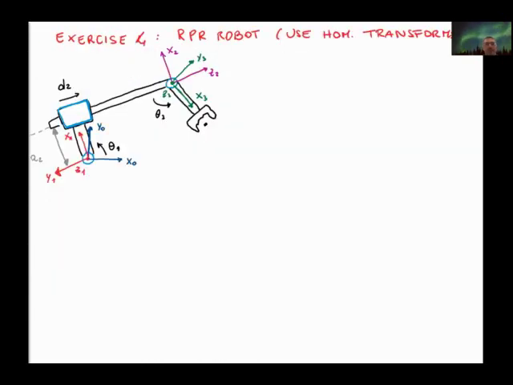Okay, then we can do the last exercise, and this time we don't use the geometric intuition because the robot is more complex. It's an RPR. This is an R. So two revolute joints, this one, and one prismatic one.